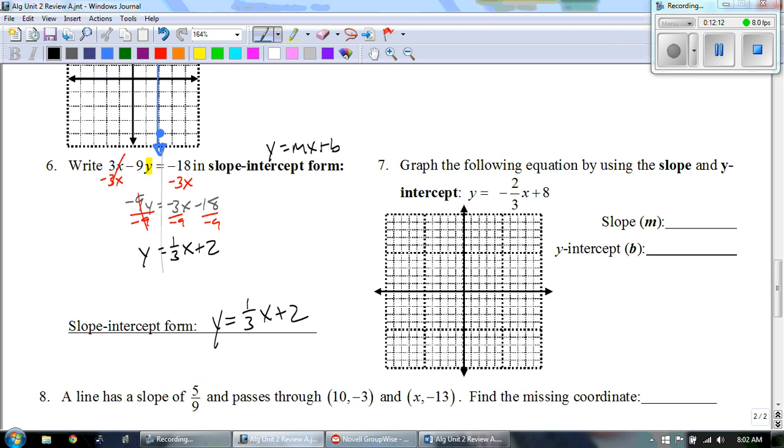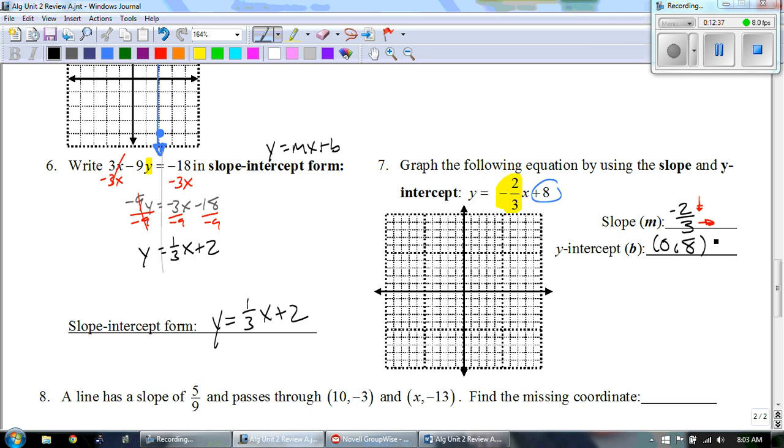All right, 7, graph the following equation by using the slope and y-intercept. So the first thing I look for is my slope. My slope is -2/3. That tells me I'm going down 2 to the right 3. And my y-intercept is 0, 8.